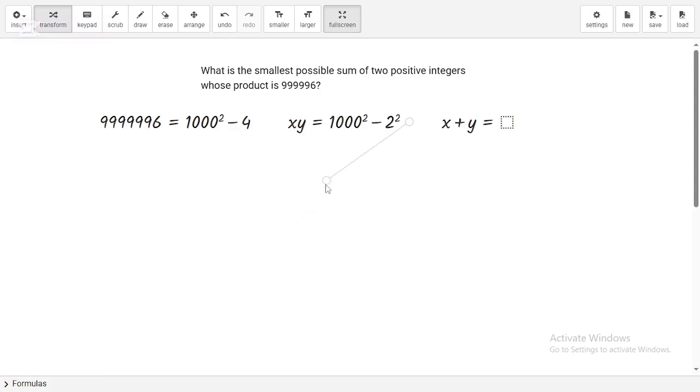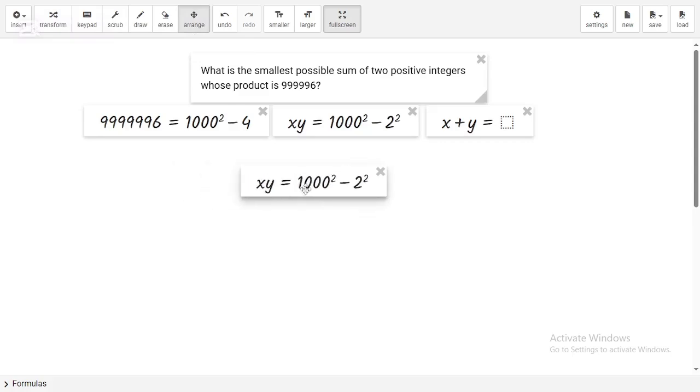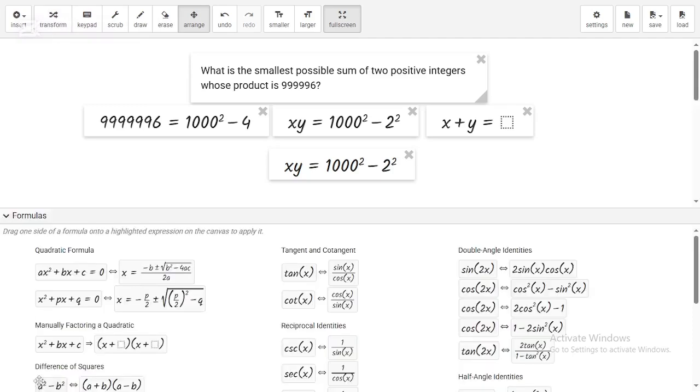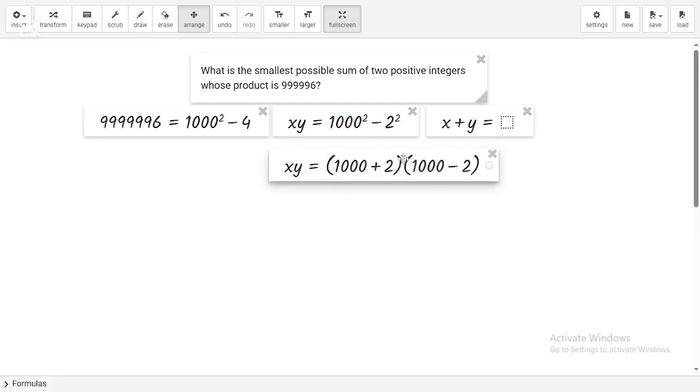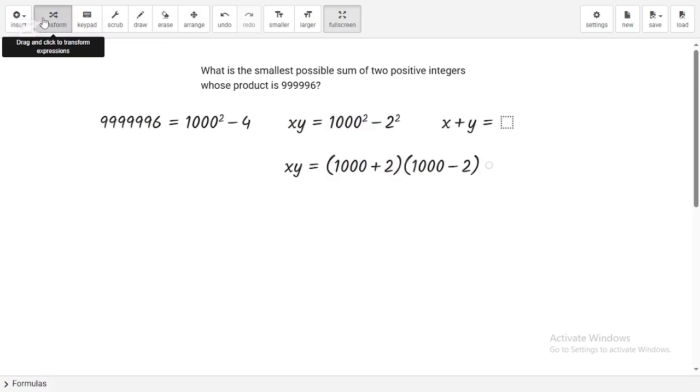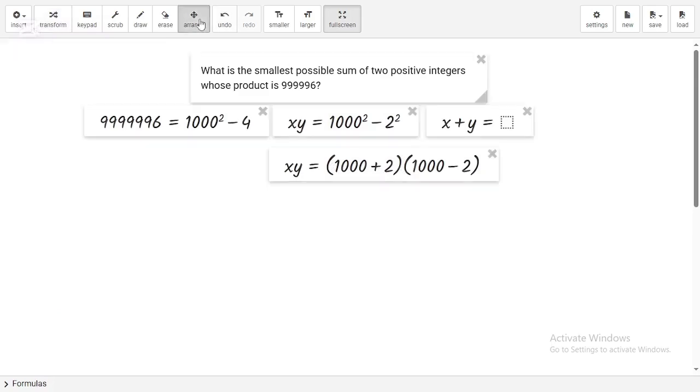So we can say xy is equal to 1000 squared minus 2 squared. Now we are solving this using difference of squares, because these two numbers are square numbers. 1000 is a square and 2 is a square, and we have minus in the middle, which is difference of squares.